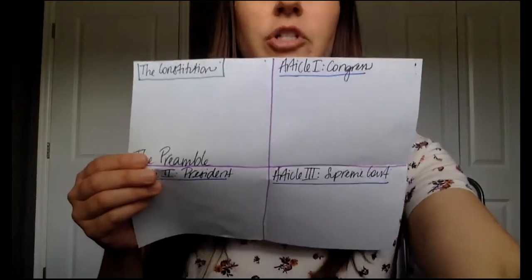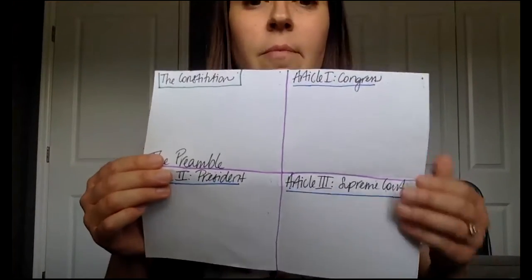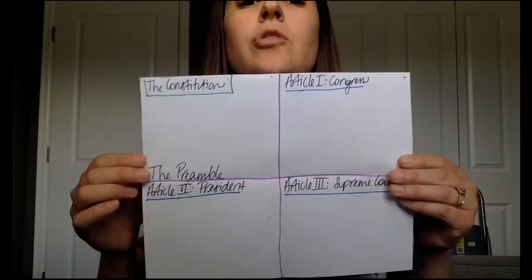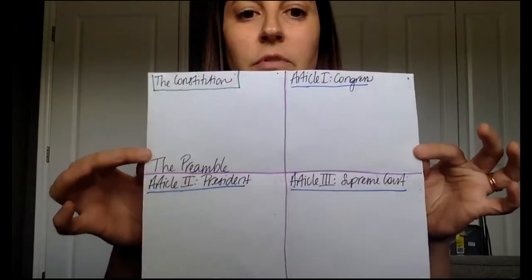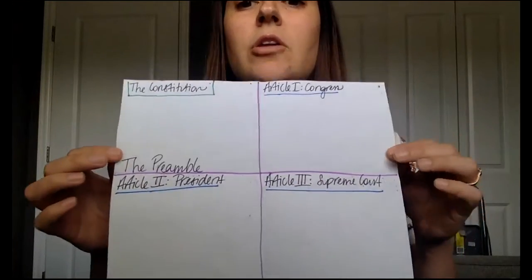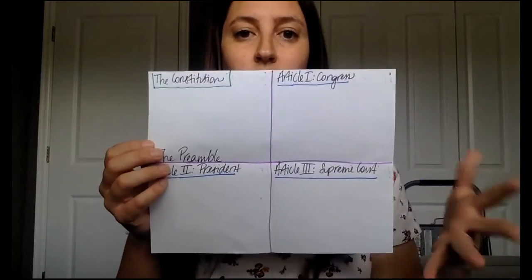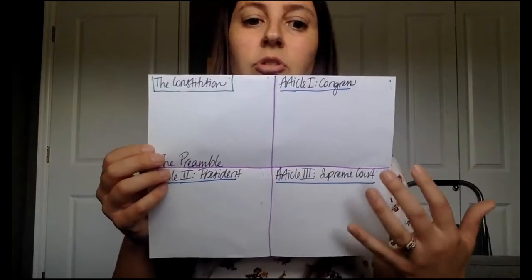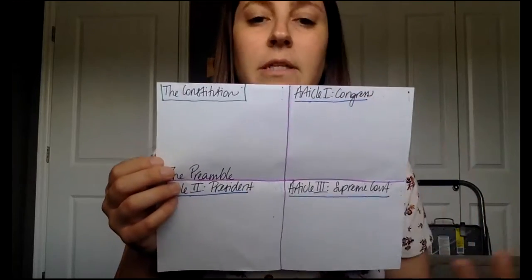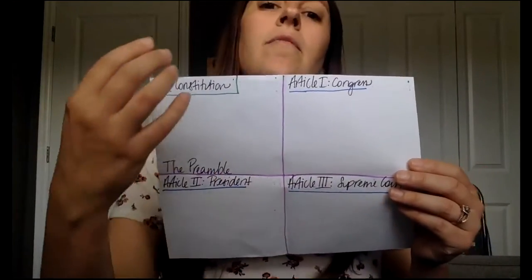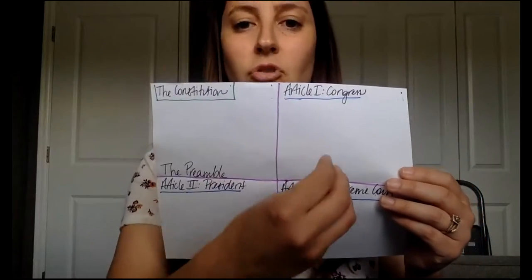If you look at the directions, the next step says to create titles for each of these squares. Basically, what you're creating is a little cheat sheet of the Constitution. My goal is that you can use this to help you keep things straight, because it's really confusing when we think about the different parts of the Constitution, since it all kind of blends together. This is an easier way to keep it organized and understand how each section describes something different.